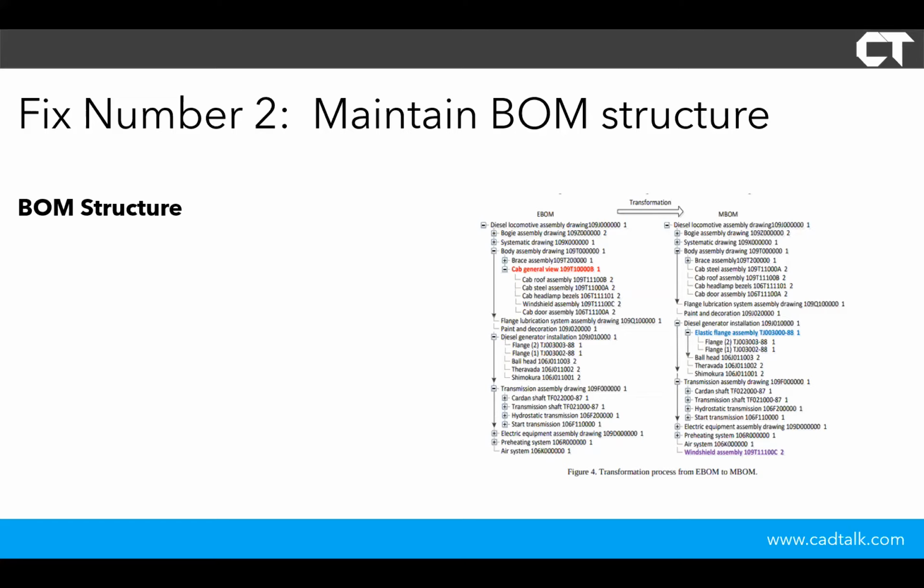Now, I have seen at times where many manufacturers decide not to maintain the structure of the bill of material. Maybe they want to flatten it out for various reasons, or they want to remove some of the structure. And so they're not leveraging the structure and the complexity of the bill.